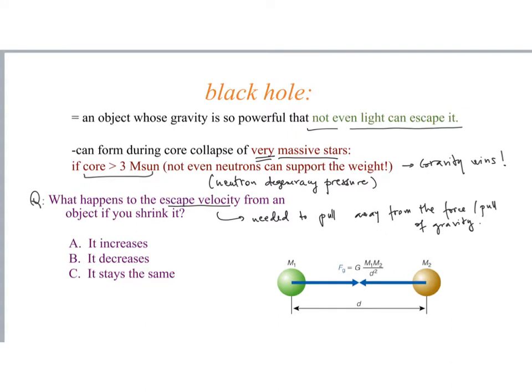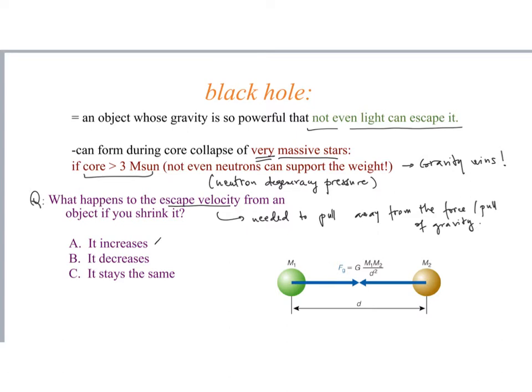So what do you think is going to happen if you shrink the object that exerts that gravitational force on you? Do you need to travel faster? Do you need to speed up?